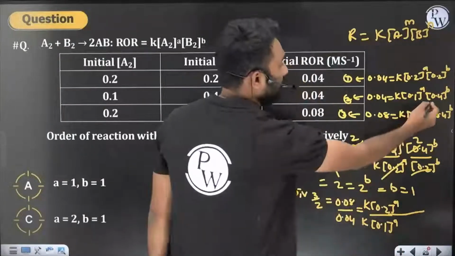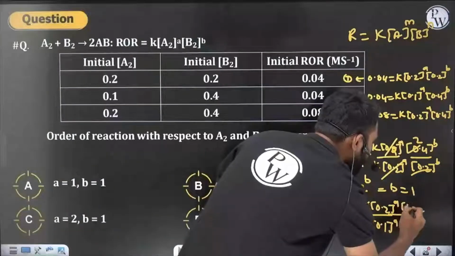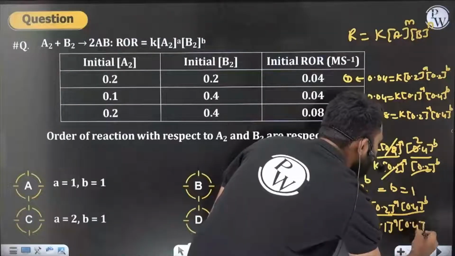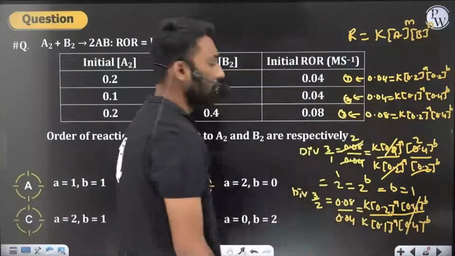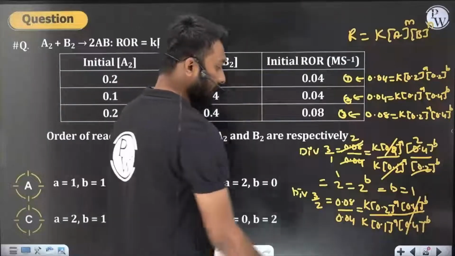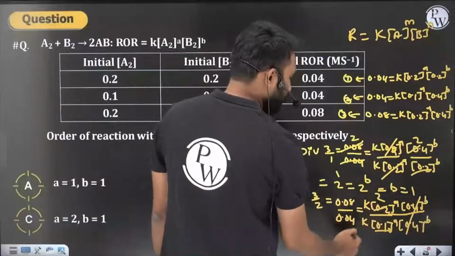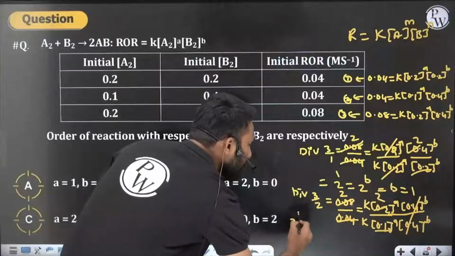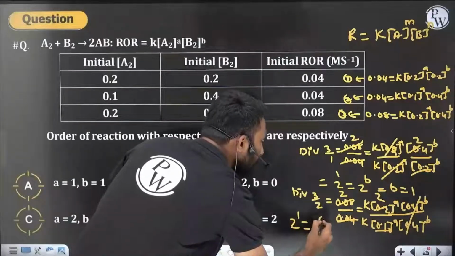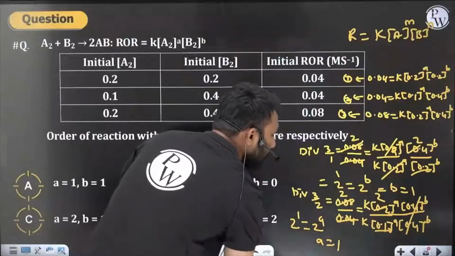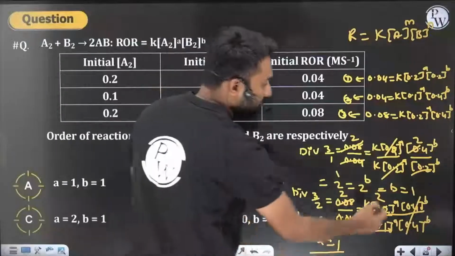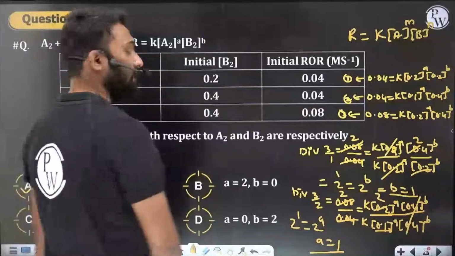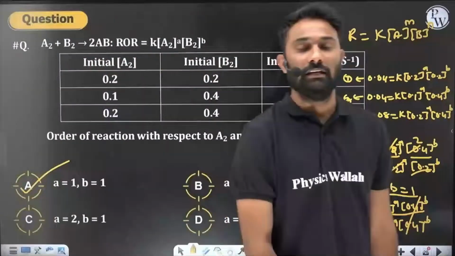Now here 0.4 raised to the power b by 0.4 raised to the power b. Now 0.4 will get cancelled. Now here it will become 2. Here also it will become 2. Now 2 to the power 1 is equal to 2 to the power a. Now a is equal to 1. Now order with respect to A is 1. Now order with respect to B is also 1. Now option A is correct. Option A is correct.